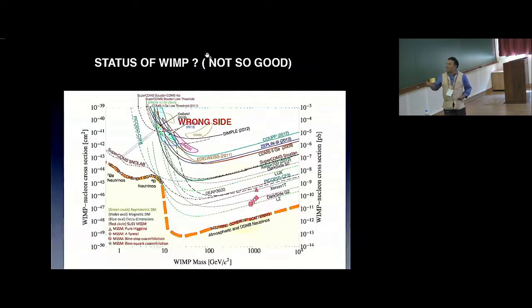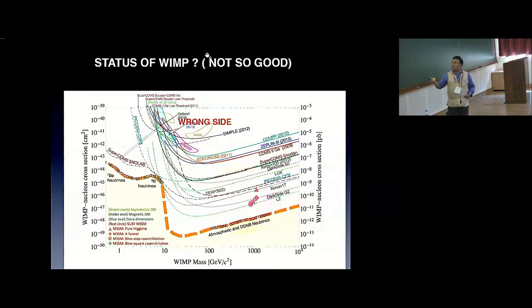As you know, these are all exclusion plots of different dark matter searches. The lower ones are not yet in the game, but up to Xenon 1T, the upper part is ruled out. So around 20% of the preferred parameter space of supersymmetric dark matter is already ruled out.